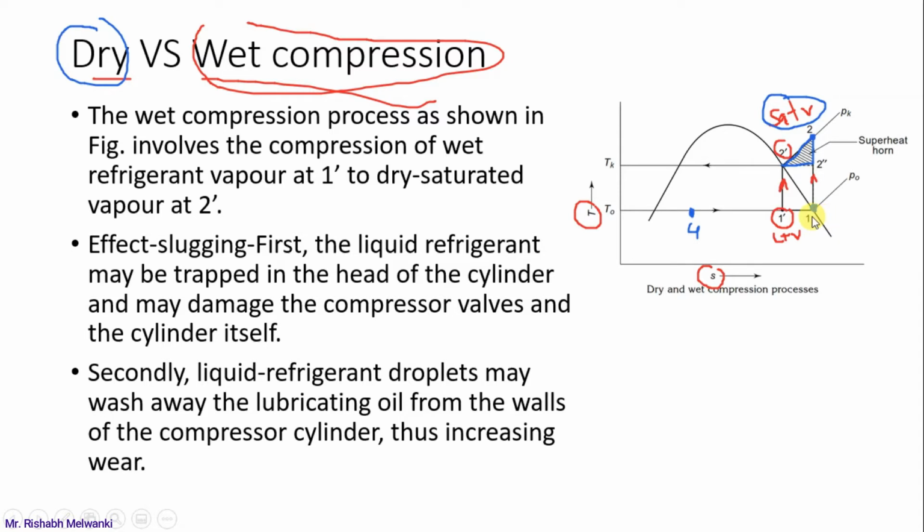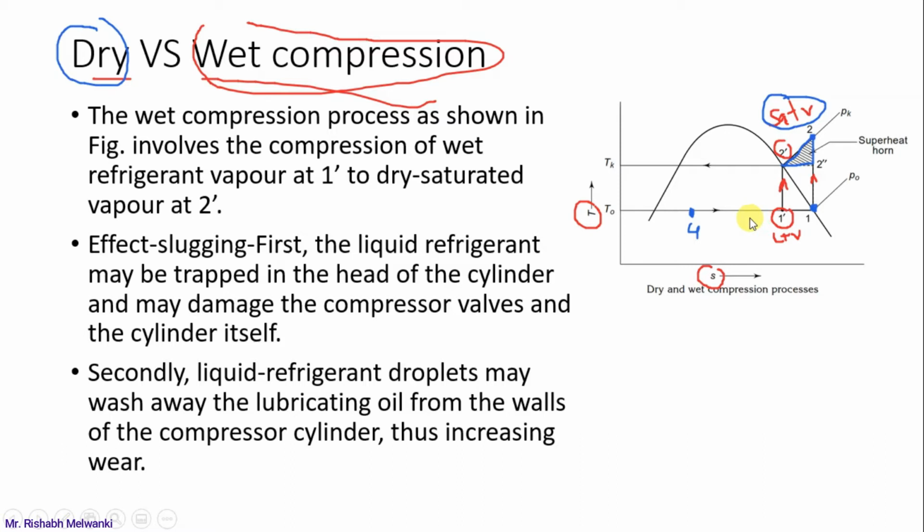In that case, liquid will get trapped. We had seen the two cases of sludging, when the cycle is on and when the cycle is off, and there are chances of sludging over here. It will damage the compressor walls, piston, cylinder, all those things. So the first effect of wet compression will be sludging.